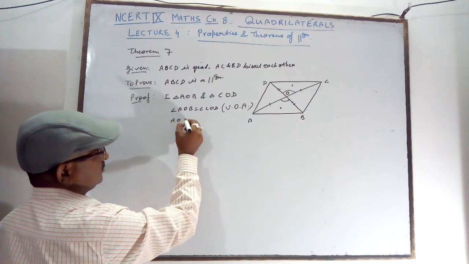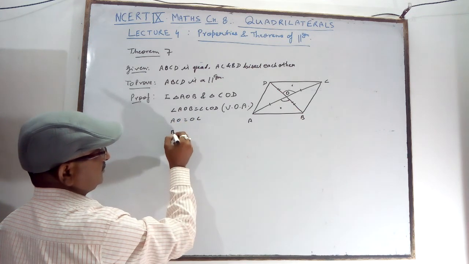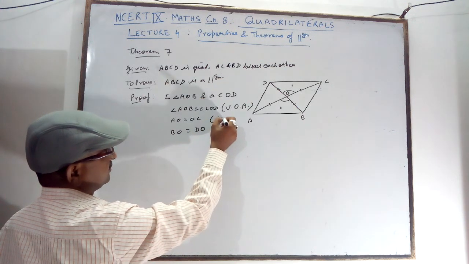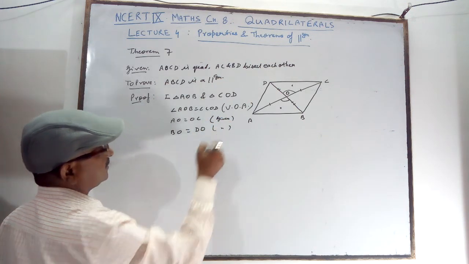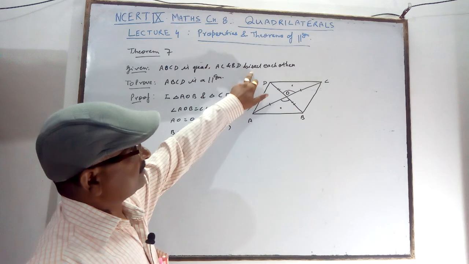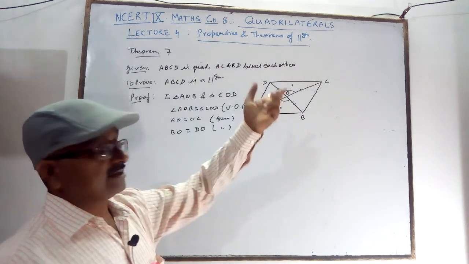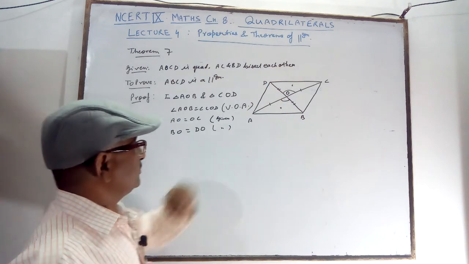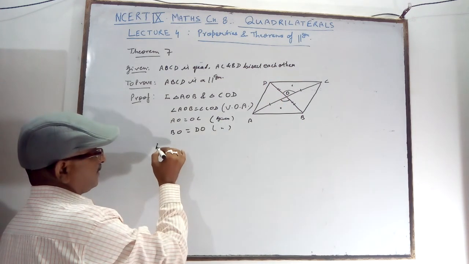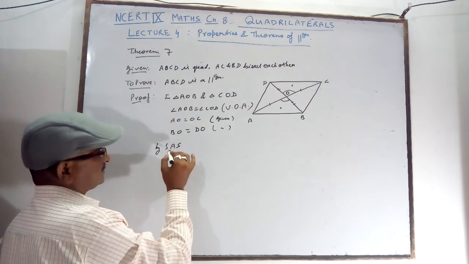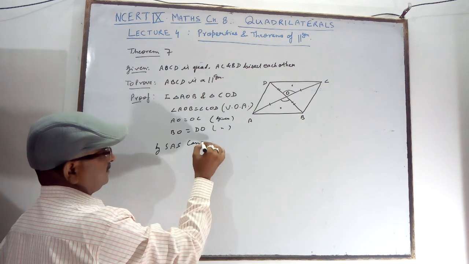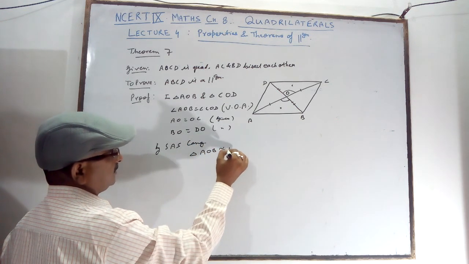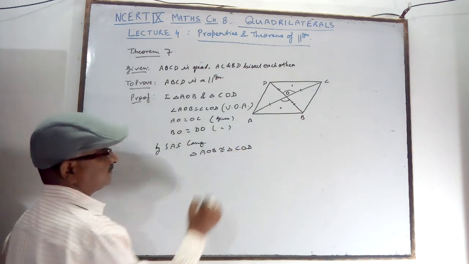AO is equal to OC, BO is equal to DO, given. What is given? Here the diagonals bisect each other. When they bisect each other, it means half of this is equal to this, and this is equal to this. So by SAS, side angle side congruency, triangle AOB is congruent to triangle COD.